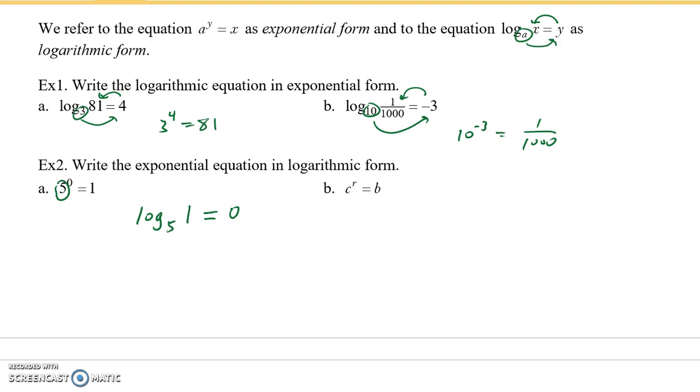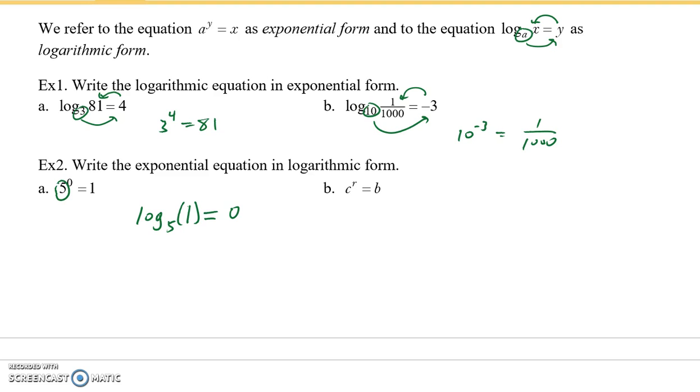And again, please understand, we're not writing 5 to the first. We're writing log base 5 of 1. In fact, you can put parentheses there. Basically, log base 5 is like a function. It's like f of 1, really. Log base 5 of 1 equals 0 is the equivalent logarithmic form.